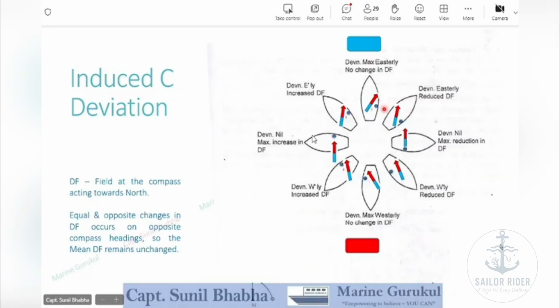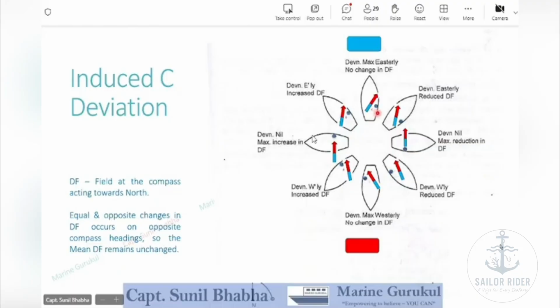Now since the top of the vertical structure is close to the compass location, this is what affects our magnetic compass. In this case, with the ship in the northern hemisphere, magnetic lines of force entering from the top of the vertical structure give a blue polarity to the top of the VSI, and that is why you see in the diagram a single blue pole to the starboard of the compass.